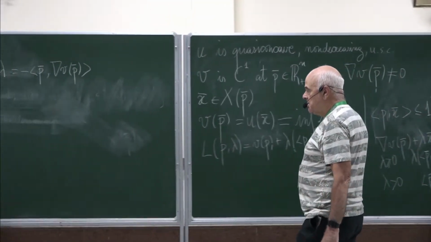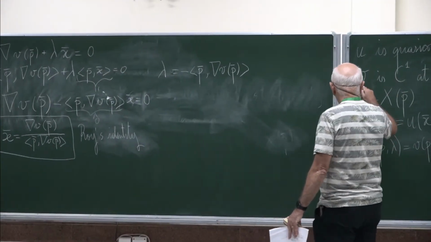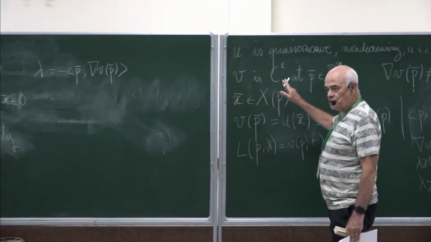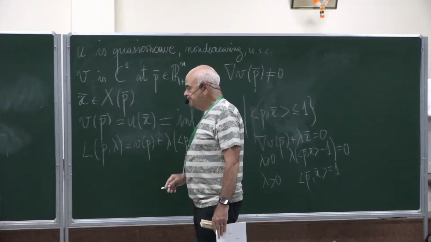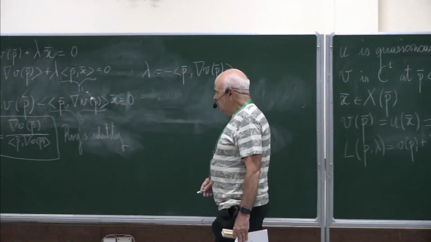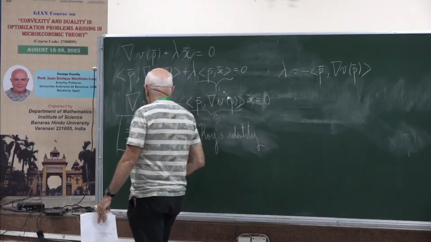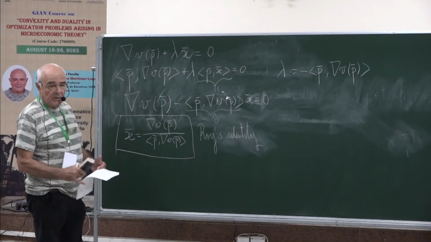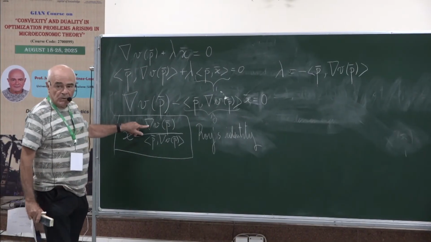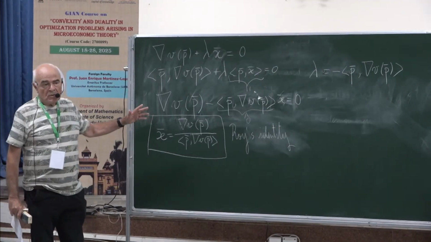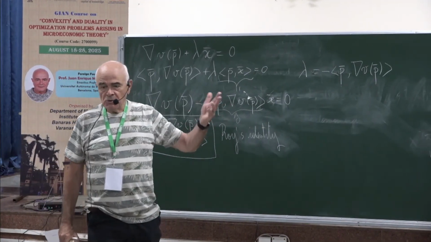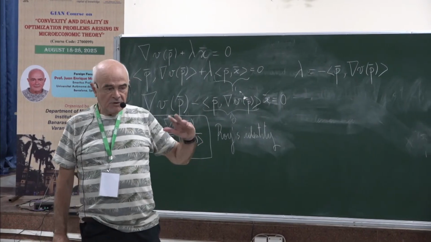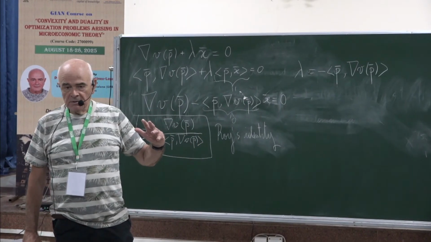So what is this saying? That if you are lucky enough to have an indirect utility function which is of class C1 and the gradient does not vanish, then simply take the gradient of the indirect utility function. Well, if you take the gradient, you may be taking too much or too little. You have to take into account the budget constraint.